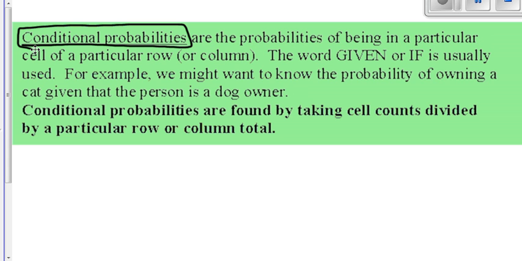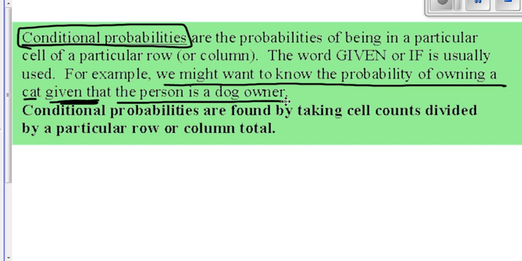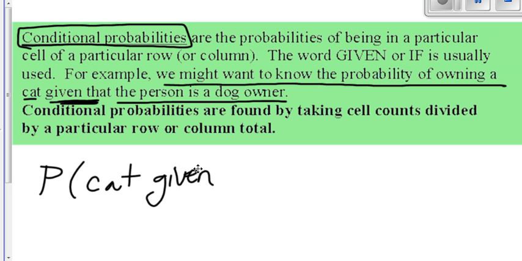So, for example, in this chart that we're looking at, we might want to know the probability of owning a cat given that the person is a dog owner. So, probability of owning a cat given that you already are in the group of dog owners.